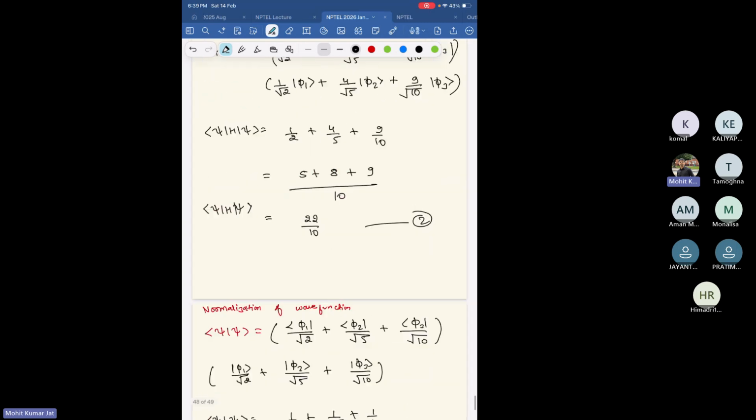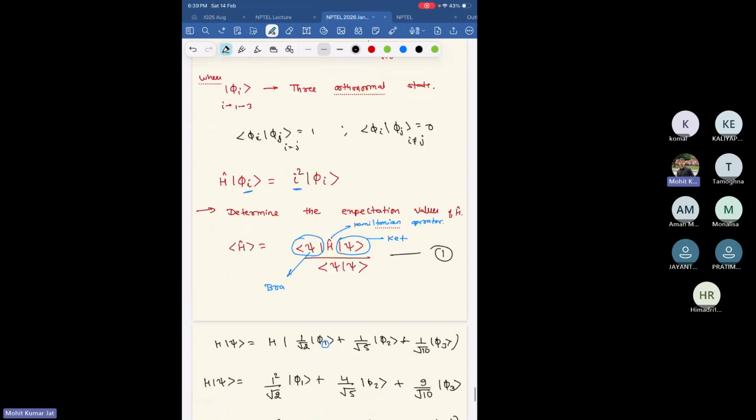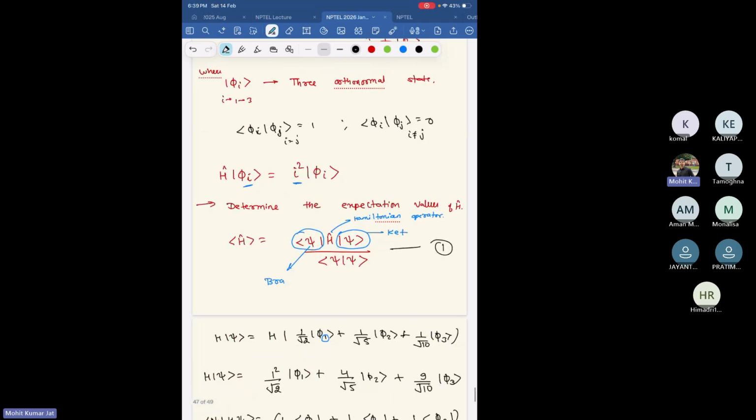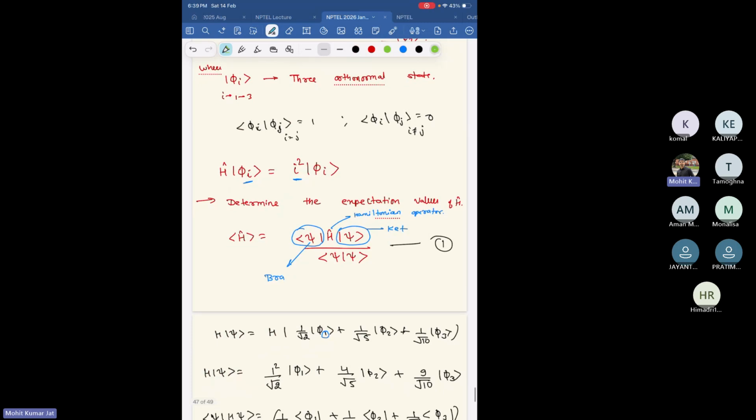So this is how you calculate the expectation value of any operator. If you want to calculate the expectation value, you first extract this part, which is <psi|H|psi>, where the Hamiltonian operates on the ket, and then you calculate the expectation value by operating with the bra.